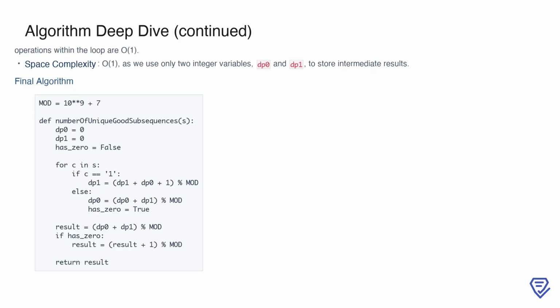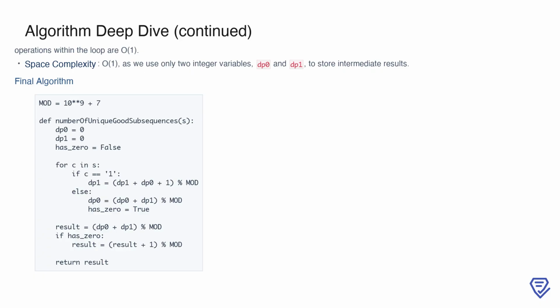Now, let's summarize the final algorithm. We initialize dp0 and dp1 to 0 and use a flag called has_0 to track whether the string contains the character 0. As we iterate through the string, we update dp0 and dp1 based on the logic we discussed earlier, applying modulo 10^9 + 7 at every step. After completing the iteration, the result is obtained by summing dp0 and dp1, again modulo 10^9 + 7.